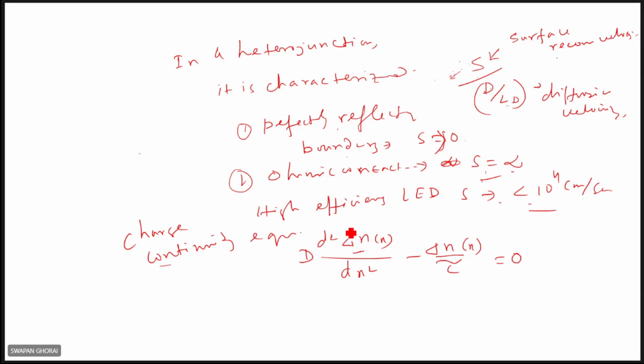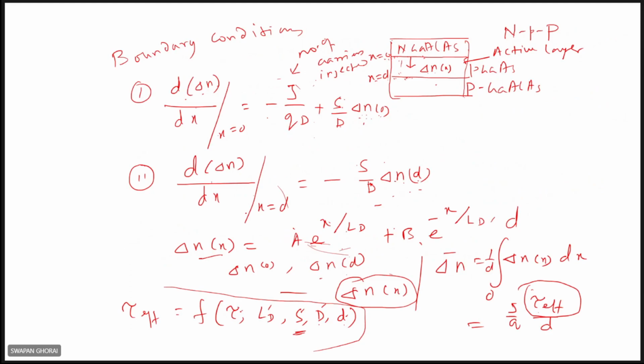So the first term represents the rate of accumulation, d2 delta n x upon dx2, minus the recombination, delta n upon tau at a certain distance x, equal to 0. If you solve this equation, we can have the value of delta n x within the active region. And once you get the value of delta n x, we can calculate the power emitted by the LED, how much power the LED can emit. So we have to solve the charge continuity equation.